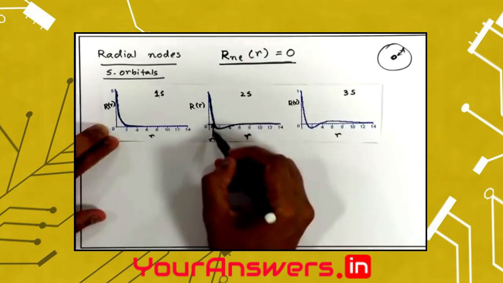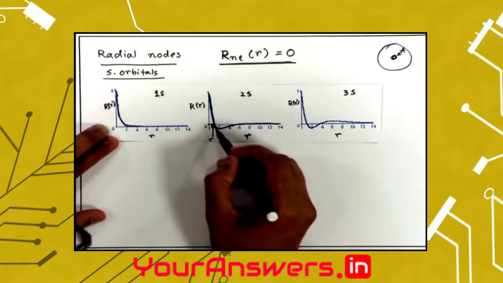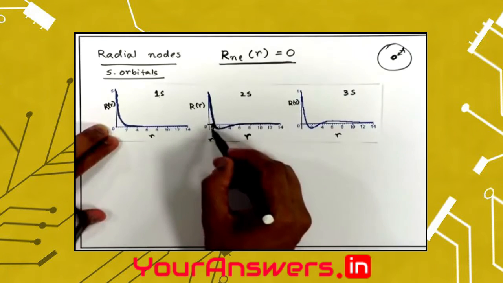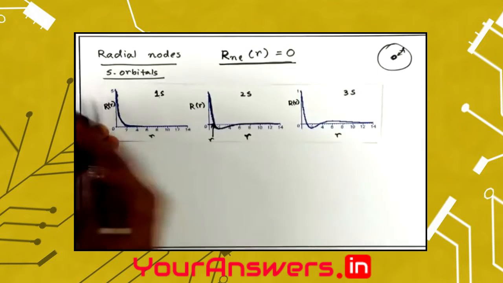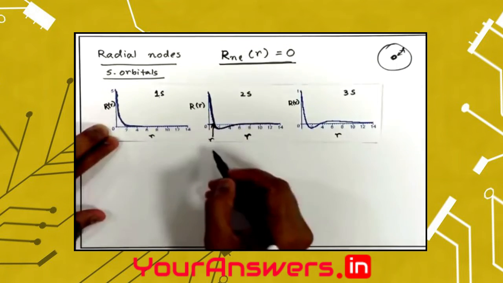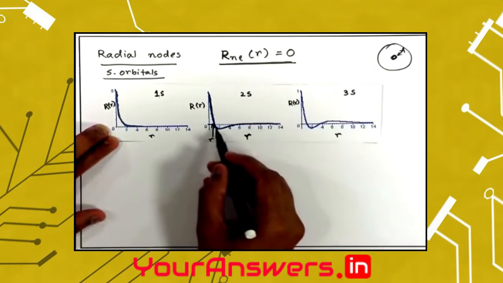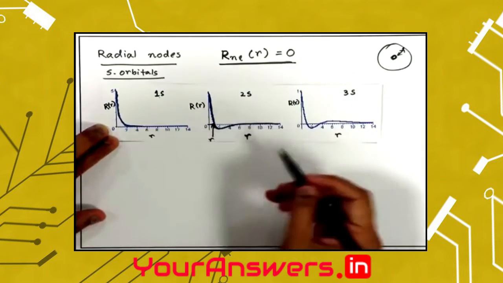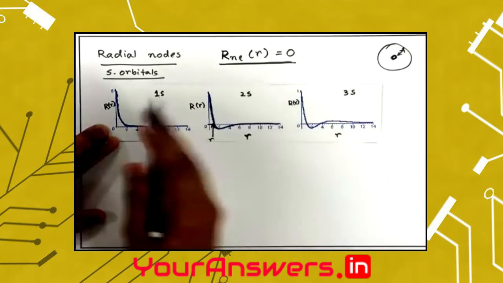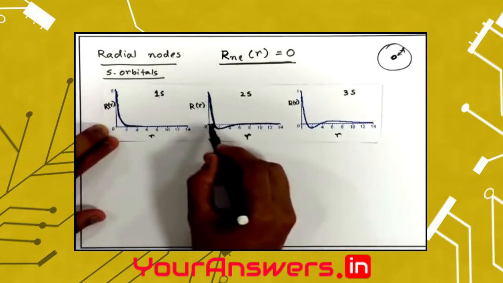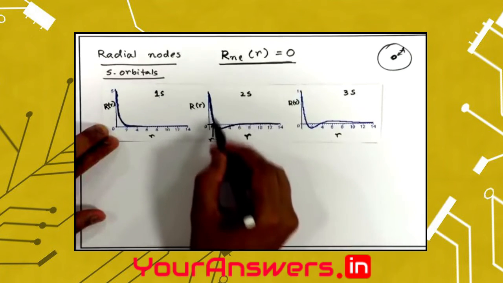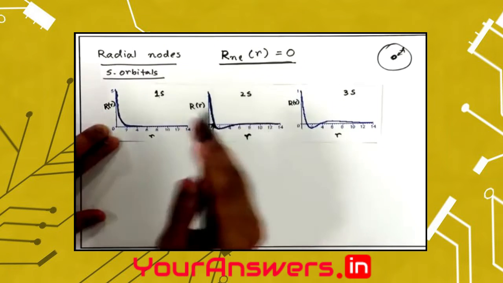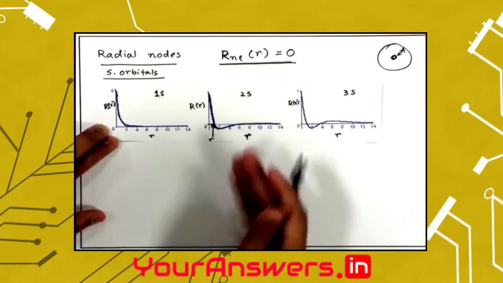So, at only one value of r, the probability does not exist. Below that value of r, you have the chance of finding the electron. After that value of r, you again have the chance of finding the electron. So, while going along the r axis, we get a value of r where there is no probability distribution.